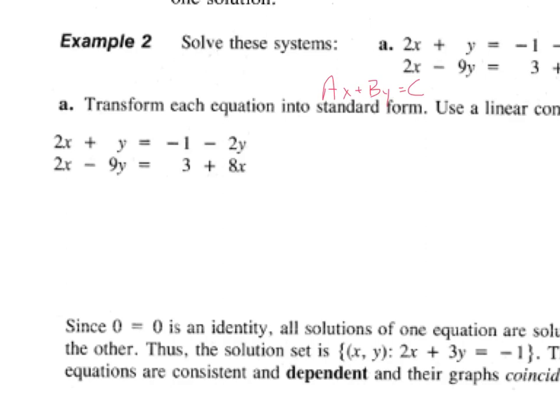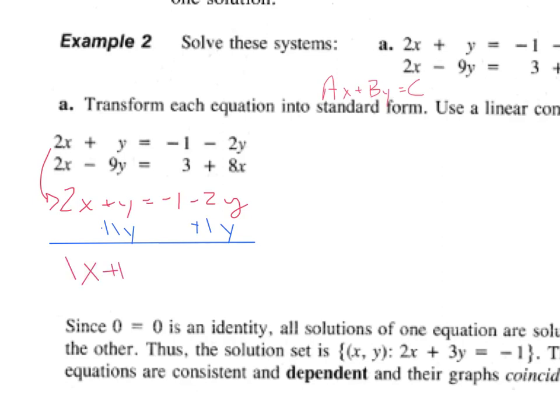So I'm going to take the first equation, 2x plus y minus 1 minus 2y, and I'm going to get the x and the y on the same side. To do this, I will add the 2y over, and I will get 2x plus 3y equals -1.